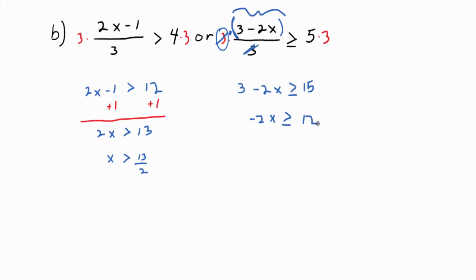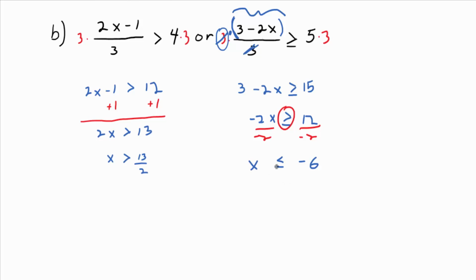So we're going to have x, and then I think everybody will get a minus 6. Go ahead and tell me, what should the symbol be? If you divide both sides by a negative, it flips the direction of the inequality. So you divide both sides by negative 2, this symbol flips direction, and we get x is less than or equal to negative 6.